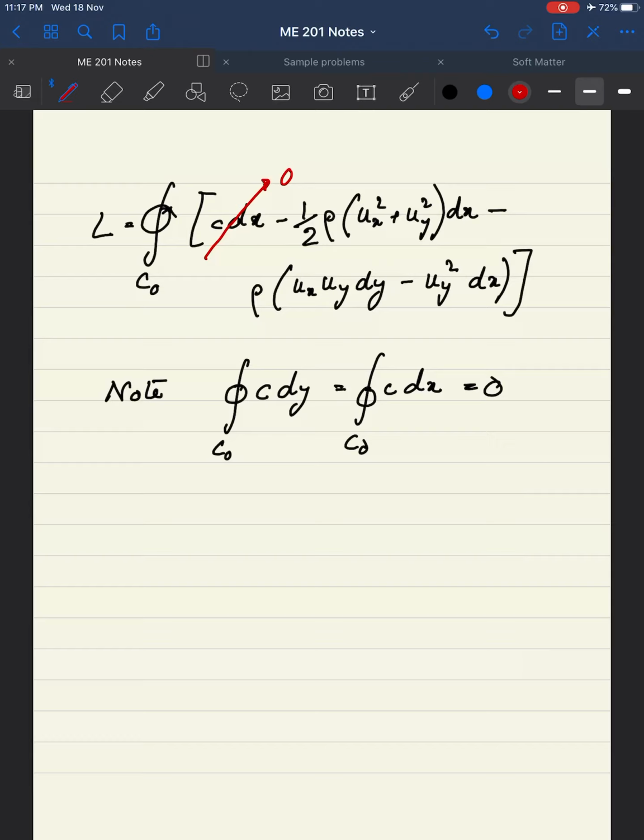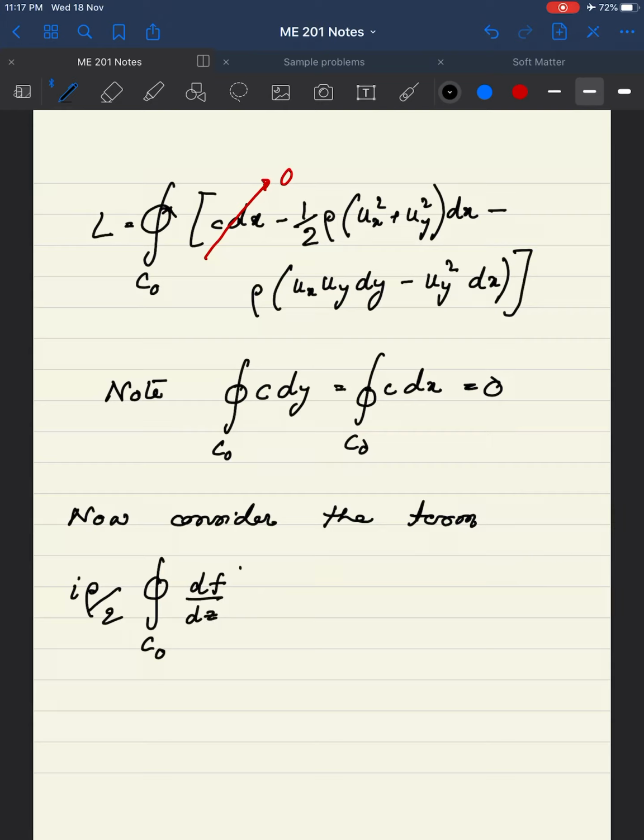Now, so you have the drag and the lift in terms of the velocities. Now consider the term i rho by 2 integral over C0 of (df/dz) square into dz.